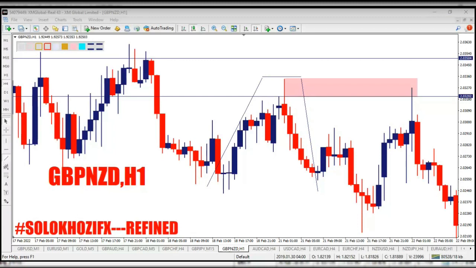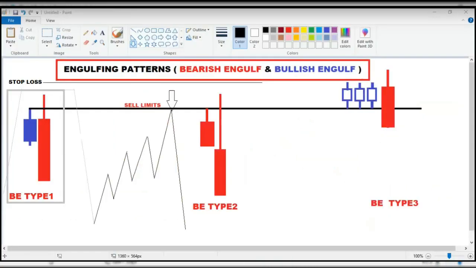Now let's look at bearish engulfing type 2. So we'll be looking at the second type now. How does it look? And we check it in the charts. So this is the bearish engulfing type 2.